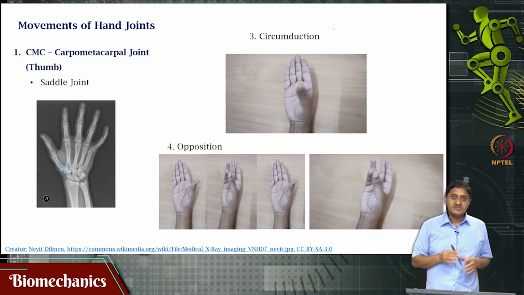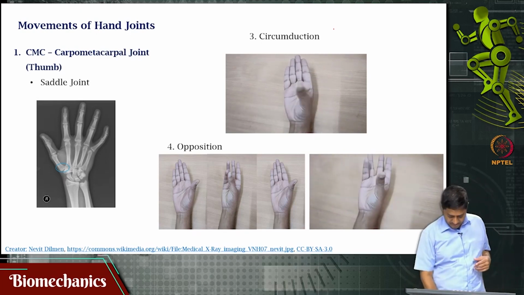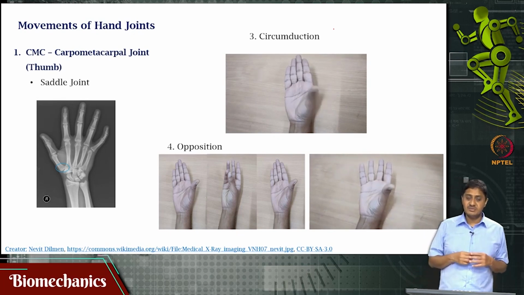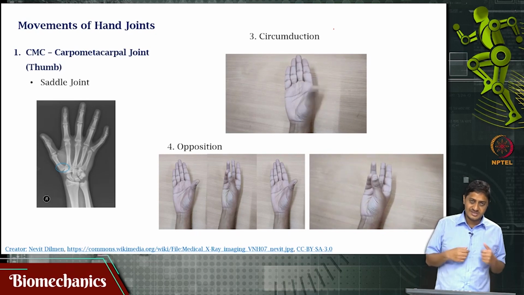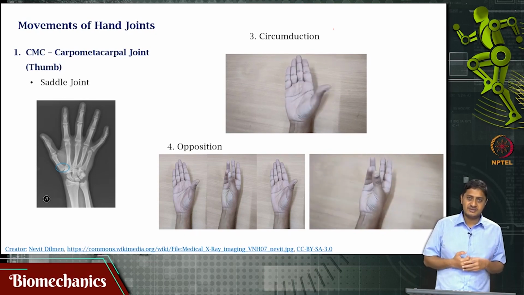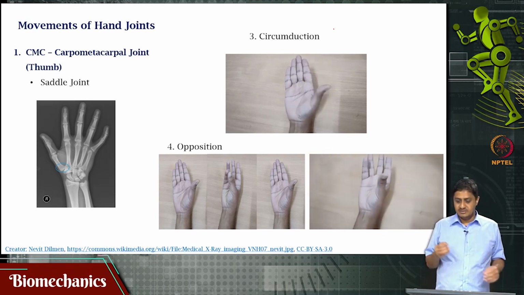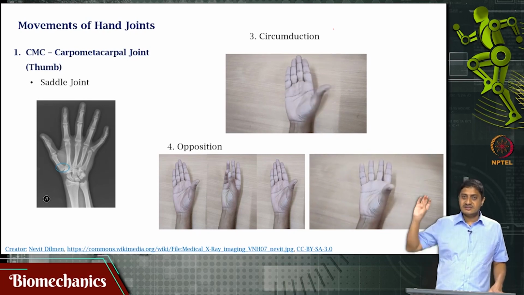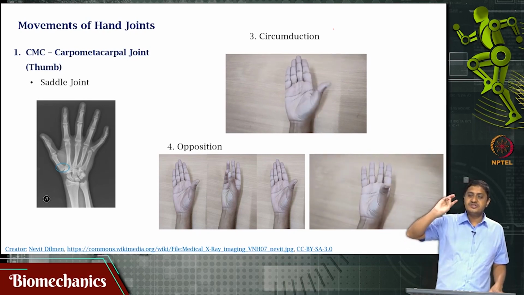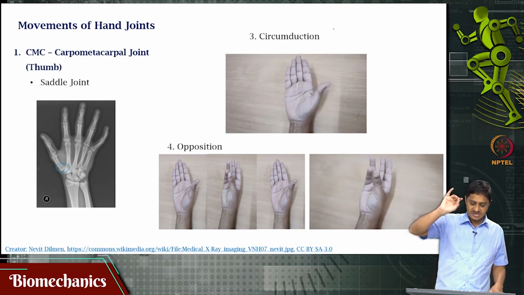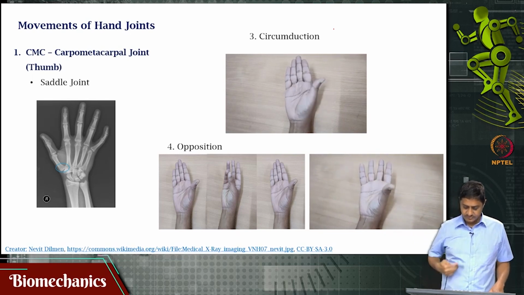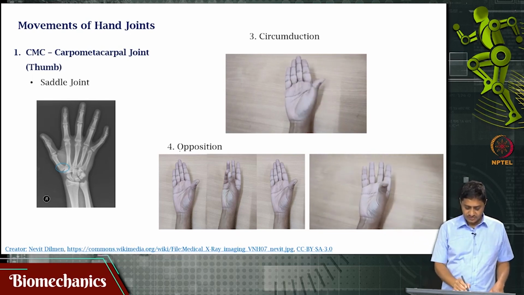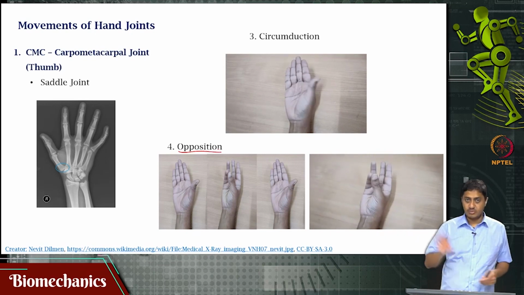Then, because of the special nature of the thumb and a special muscle available to perform opposition, in particular in humans, this is a very well developed feature. It turns out that the thumb can perform opposition to the individual fingers, like I am now showing. This is called opposition movements.